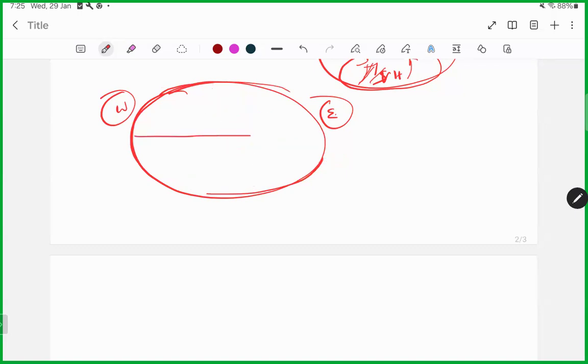Because of the rotation of the Earth, we have studied before that the Coriolis force travels parallel to the direction of the rotation of the Earth, which means from west to east.